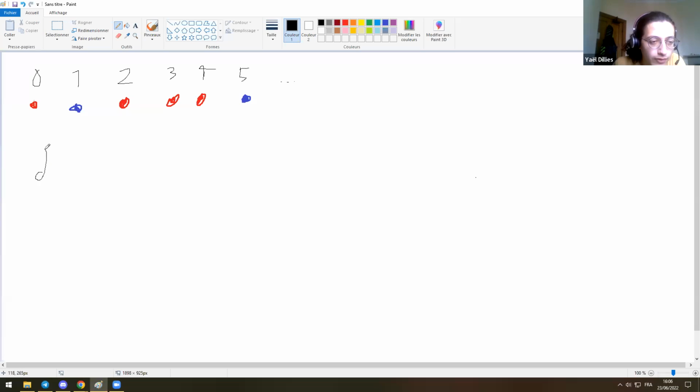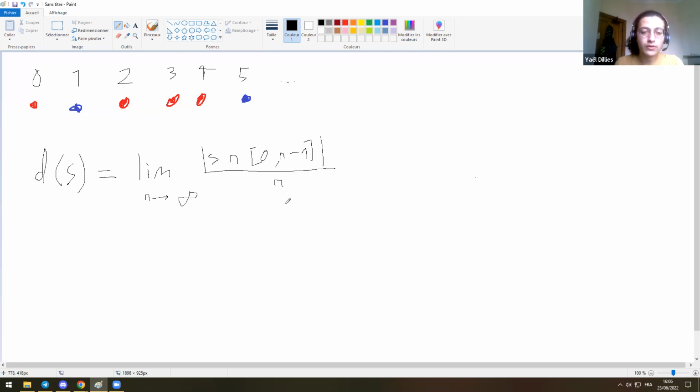The density of a set S is equal to the limit as n tends to infinity of the number of elements of S less than n divided by n. So typically, the density of the even numbers is 1/2, just as the density of the odd numbers.